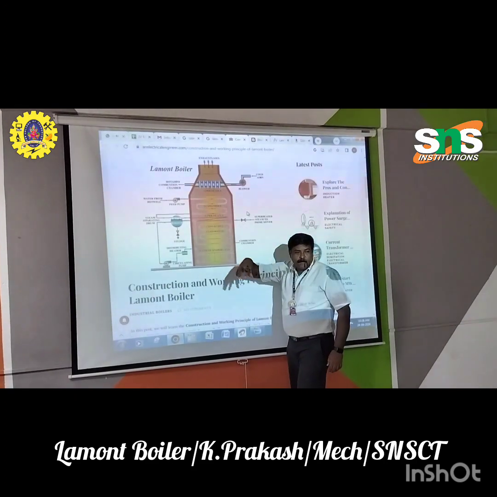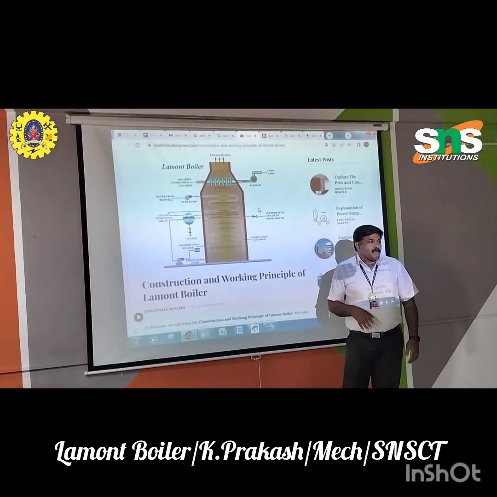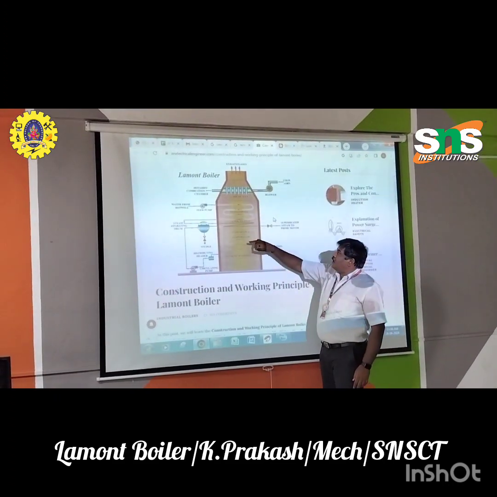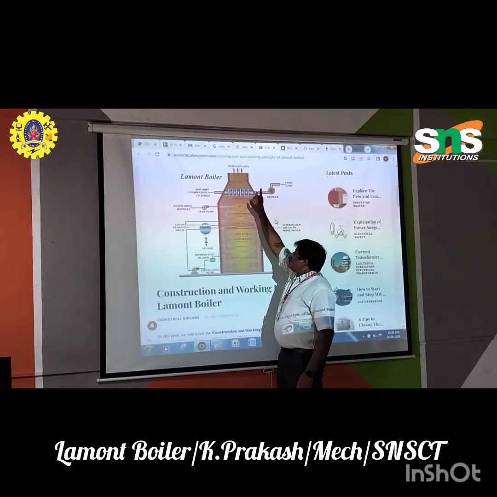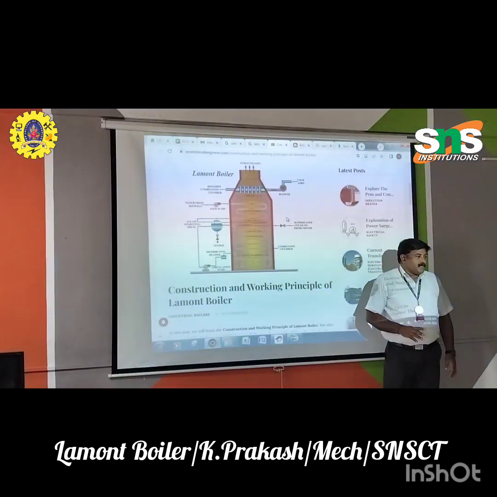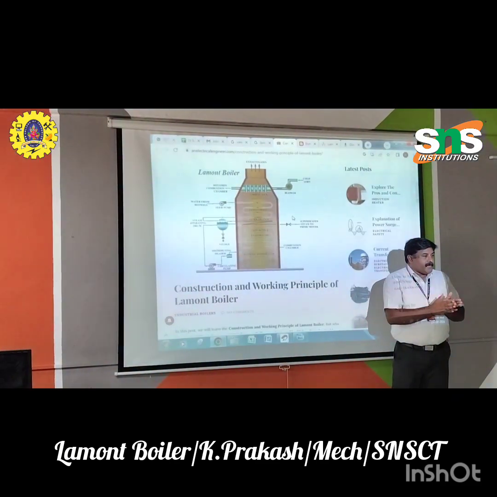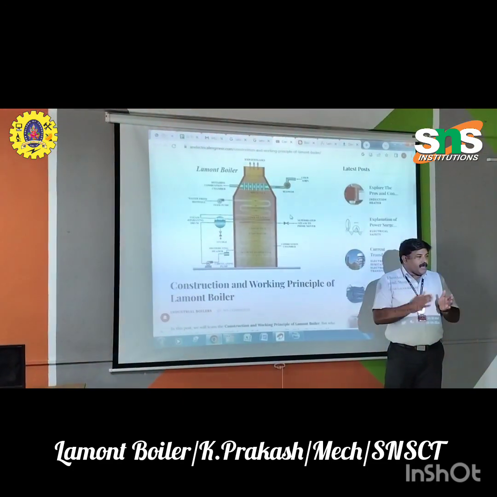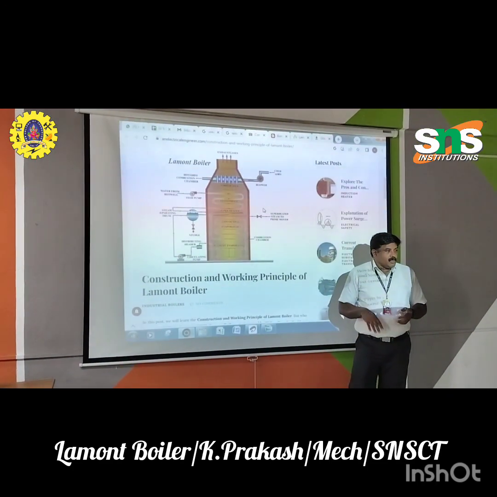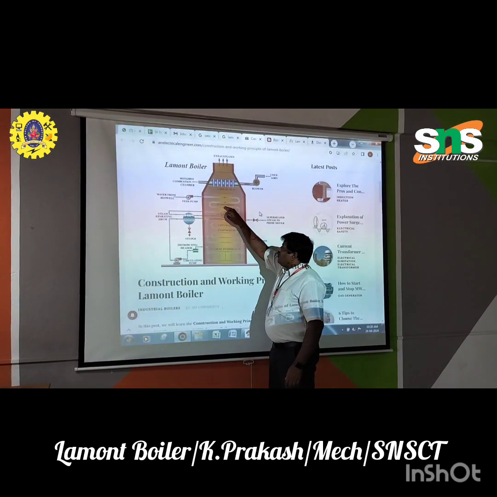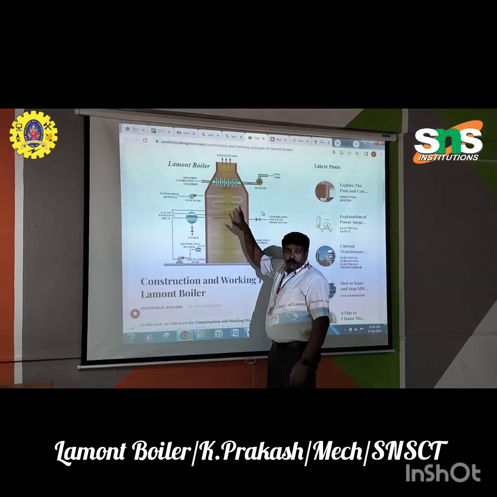At the inlet, the flue gas with a large amount of heat comes inside and then goes towards the exhaust. The temperature of the flue gases is very high and it has a large amount of heat energy. This heat energy is transferred to the water which is circulated through the tubes.